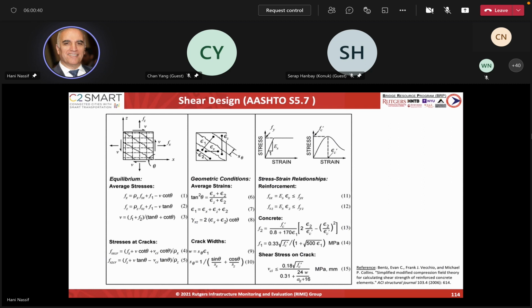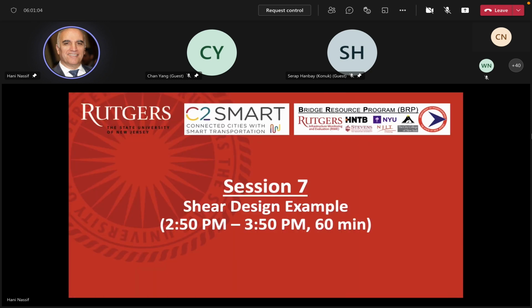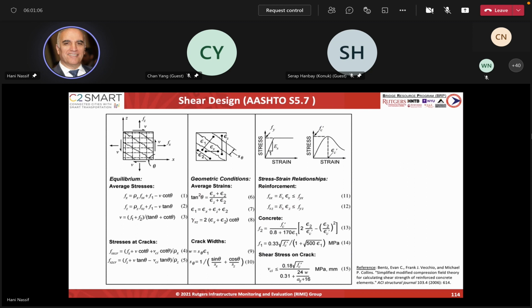He did different panels, and he was able to produce a model that relates the resistance to shear, basically the cracking, to the angle of where the crack forms. Depending on how much reinforcement you put in, that angle will change. But in his calculation it was never close to 45 degrees.